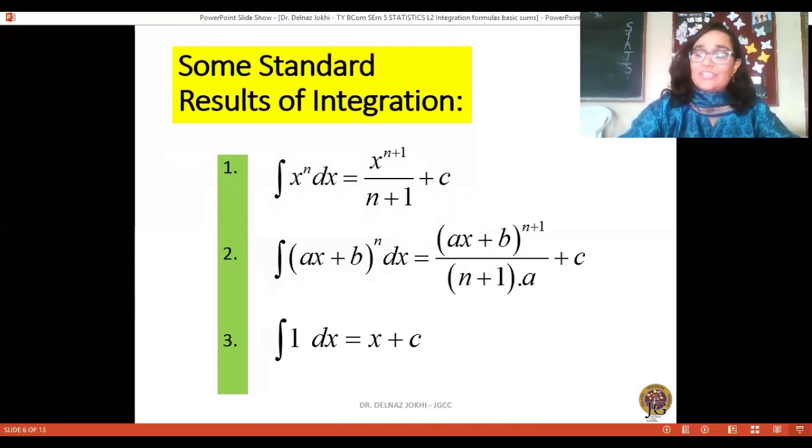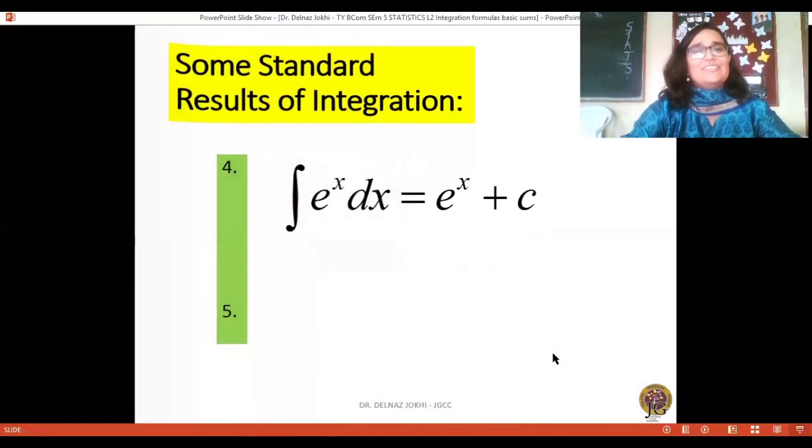Look at your function. Between the integration sign and dx there is nothing. Nothing means 1. And integration 1 is equal to x plus c. Please remember, it's often asked in your sums. Okay, so now it is clear. In the first two, where was x? In the base. In the third one, what was your function? Only simple integration 1 dx.